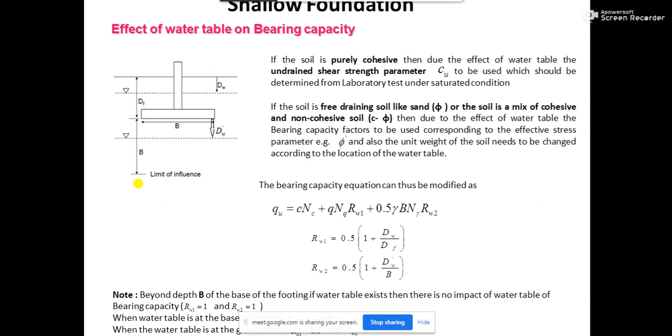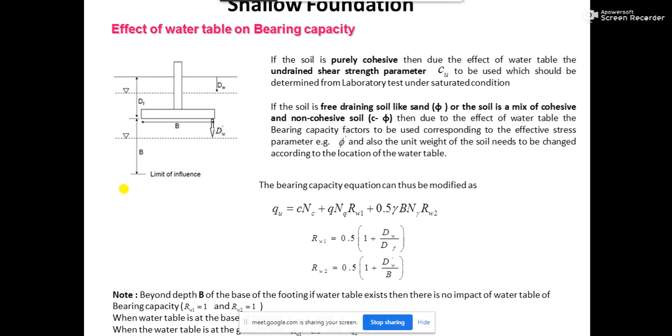then there is no influence of water table on the bearing capacity. Because the bearing capacity equation you are getting is formulated with the assumption that the influence zone, the amount of soil participating in the shear resistance, will be up to the depth B from the bottom of the footing, where B is the width of the footing.